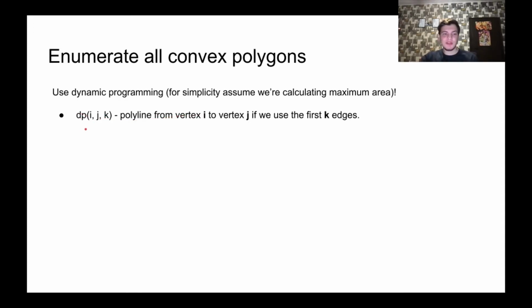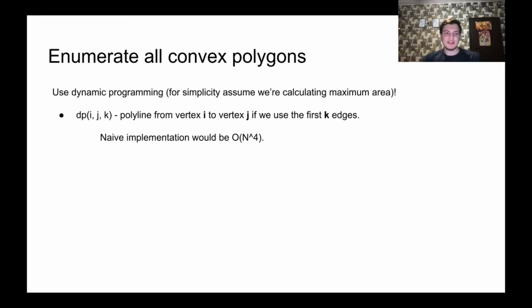We are going to introduce our dynamic programming as dp of i, j, and k, which will correspond to the maximal area of a polyline that starts from vertex i, ends at vertex j, and only uses some of the first k edges.